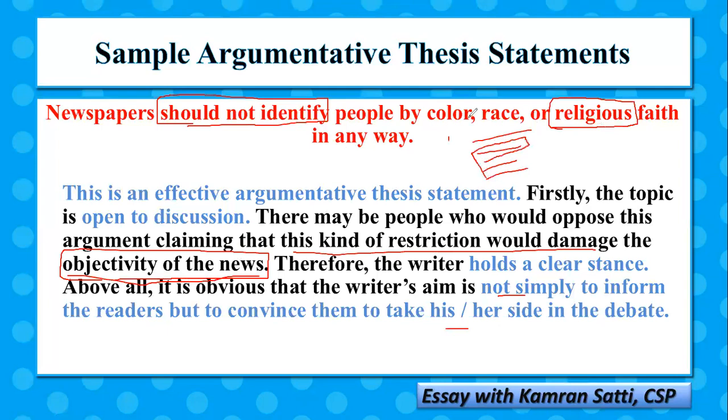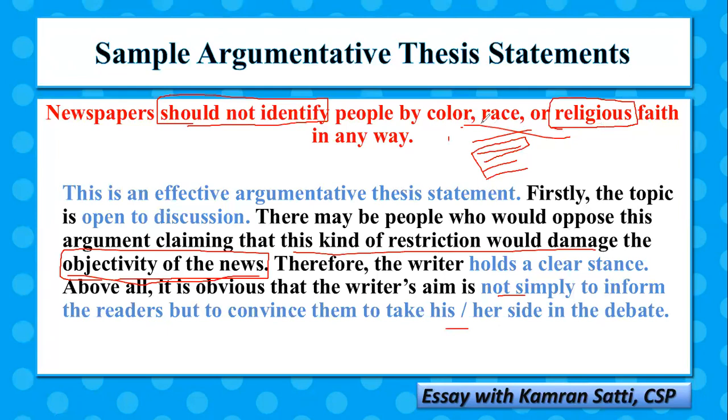So whether the acts of various groups should be identified with their color, race, or religious faith is a debatable topic. If it is done, then it creates a bias. It might give an impression that you are against people of color, or some race, or some religious groups. But if it is not allowed, then the principle of objectivity might be compromised.